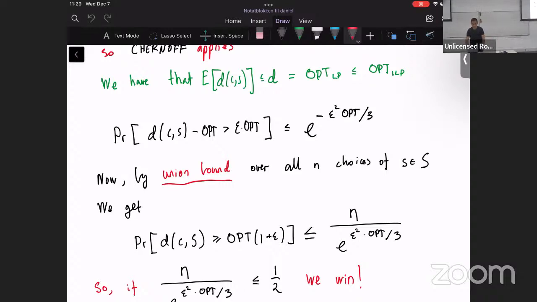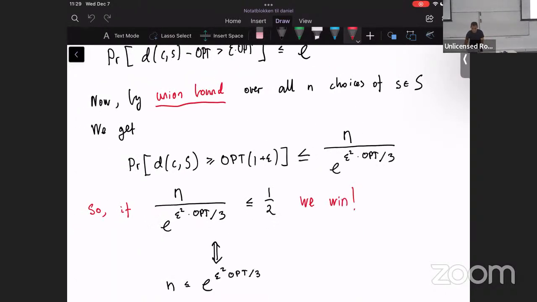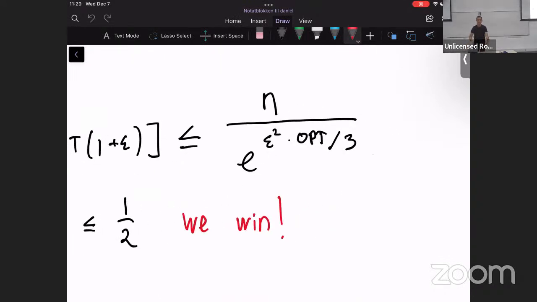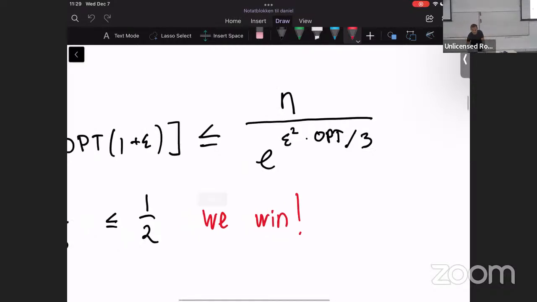So by the union bound over all the n choices of S, the probability that at least one of the bad events happens is n divided by e to the epsilon square opt over 3. And now, if this is less than 1/2, we win. If it's more than 1, we lose, right? So let's figure out, well, when is this less than 1/2?